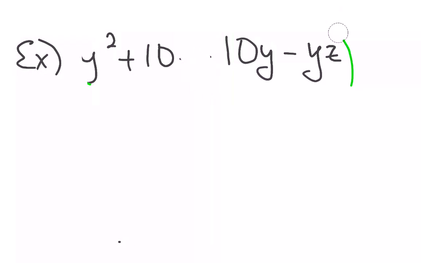So I have to erase this so we can see what's going on. I have to rearrange them. So I have to kind of move them around, which is totally fair to do, but I have to remember to take the sign with it.